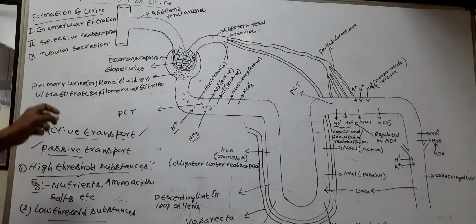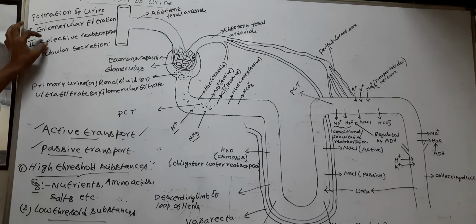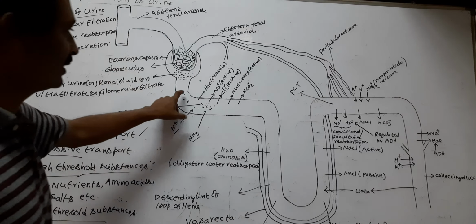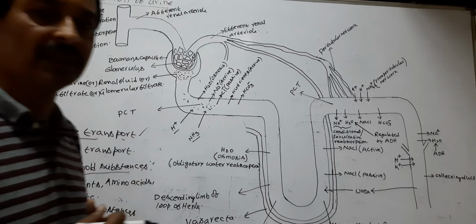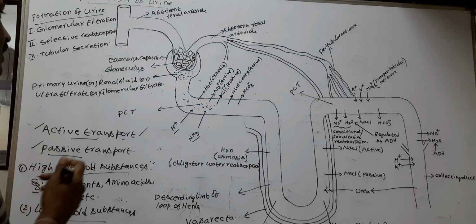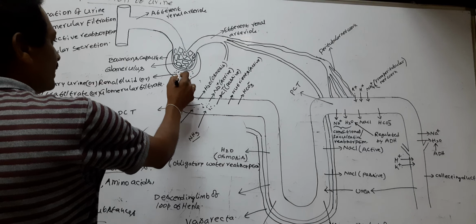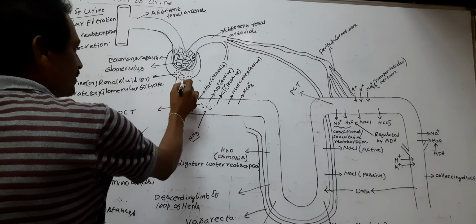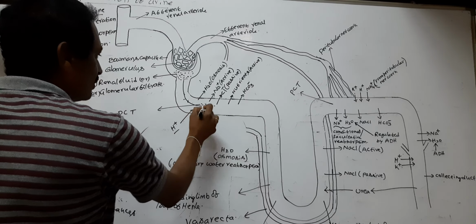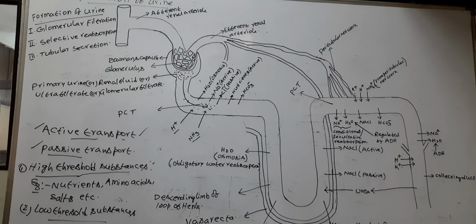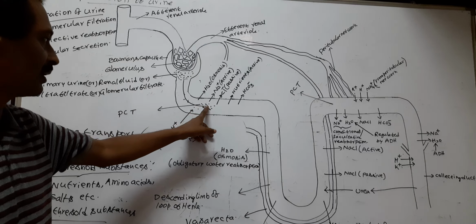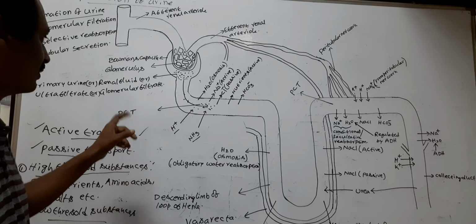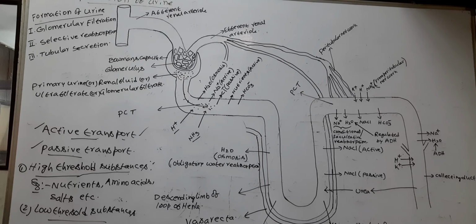So now we discuss the selective reabsorption and tubular secretions in the different parts of the nephron. The primary urine of the lumen of the Bowman's capsule enters the first part of the renal tubule, called the proximal convoluted tubule.